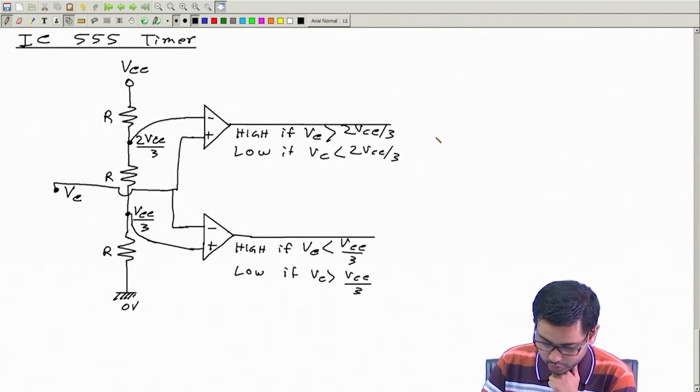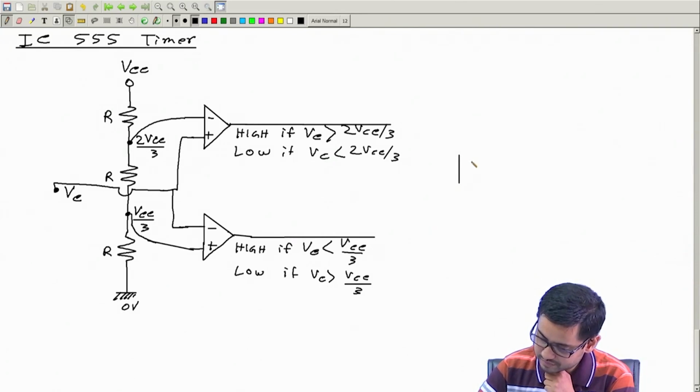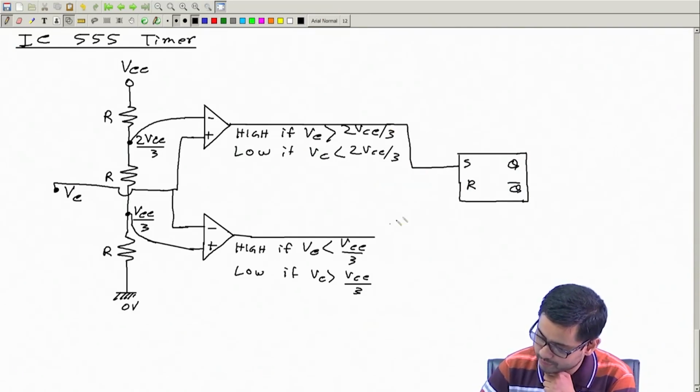Now, I will take a flip-flop, an SR flip-flop. SR, these are the two inputs. I can take two outputs, Q and Q bar. This is the SR flip-flop. Let me connect this to the two inputs.